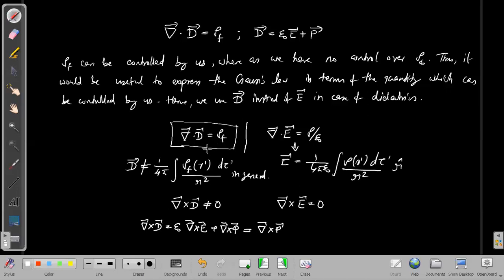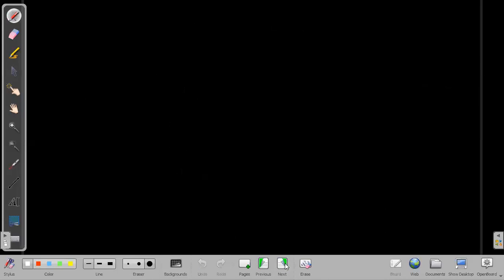So we can use this equation by using the integral form of Gauss's law. This is actually the differential form of Gauss's law. What would be the integral form of Gauss's law? We have del dot D equal to rho F. If you integrate this over a volume d tau, the right side becomes integral rho F d tau.